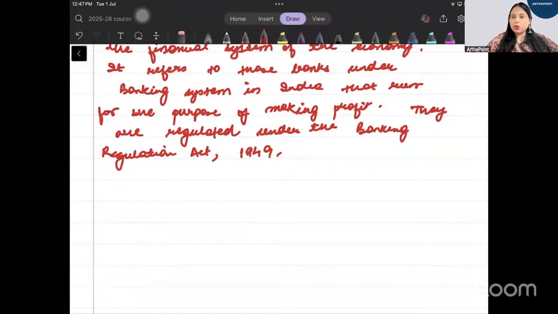How do we distinguish between them, right? When we talk about commercial banks, the degree to which they have profit making in mind can be different from any other firm.